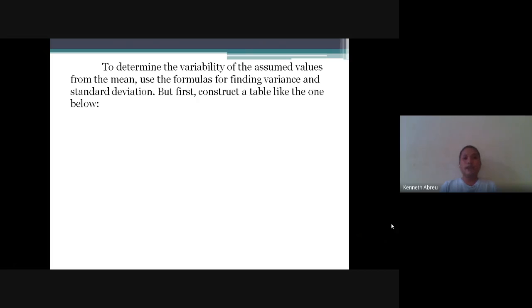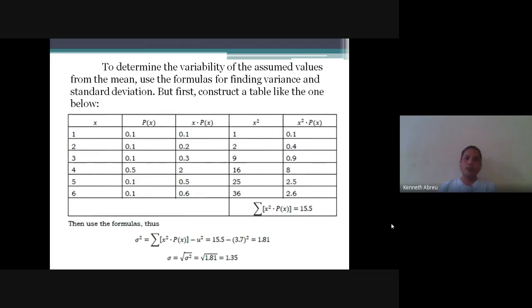Afterwards, to determine the variability of the assumed values from the mean, use the formulas for finding the variance and standard deviation. But first, construct a table like the one below. Take a look at the given table. The first column would be the possible outcomes, 1 to 6.